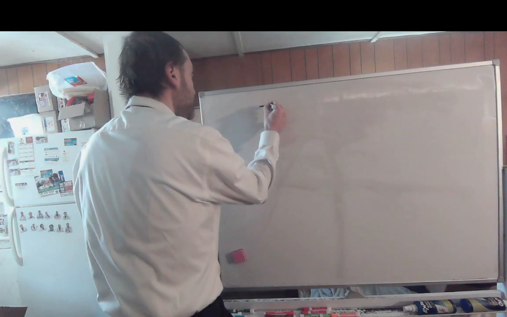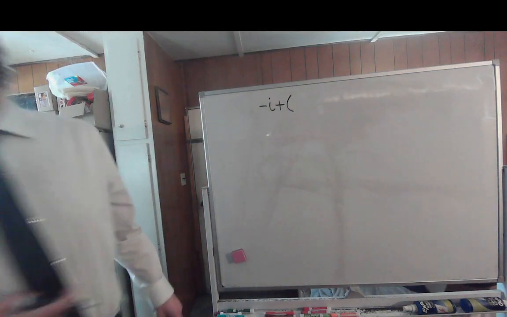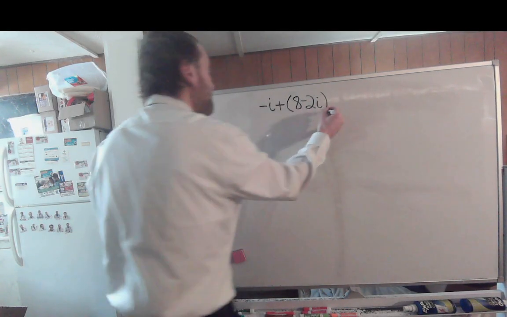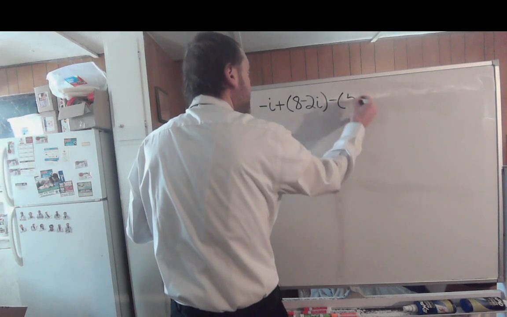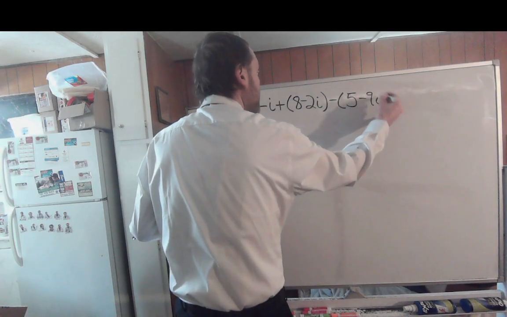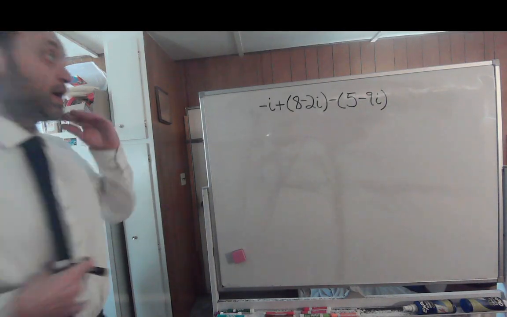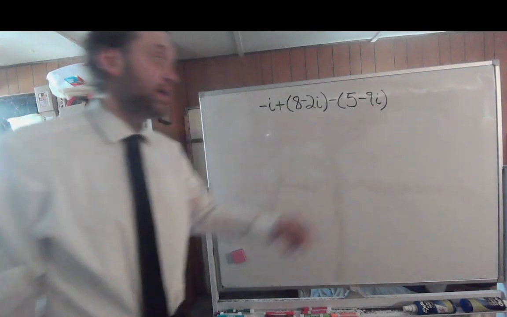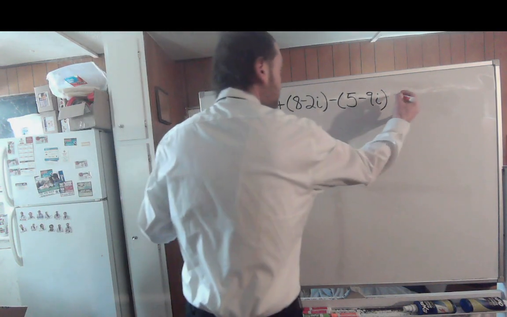I have 2 more. So we have negative i plus 8 minus 2i minus 5 minus 9i. All right, so negative i plus 8 minus 2i minus 5 minus 9i. So we want to get the number in standard form, right?